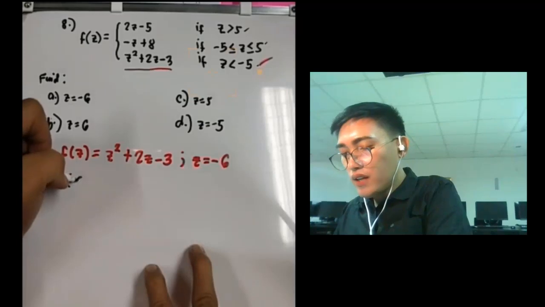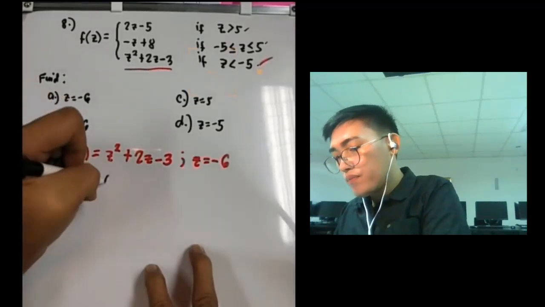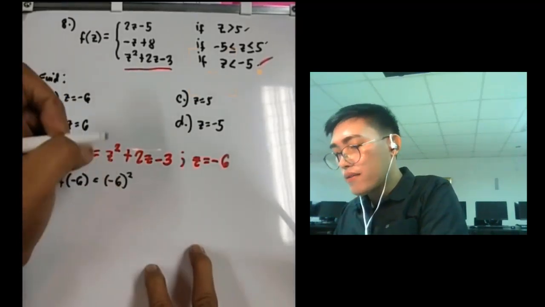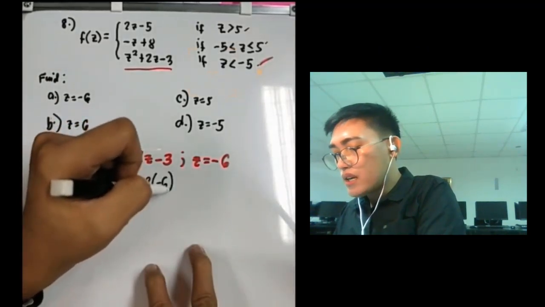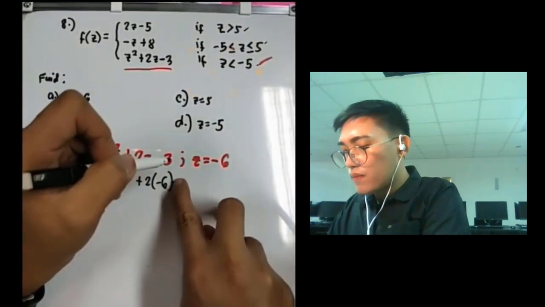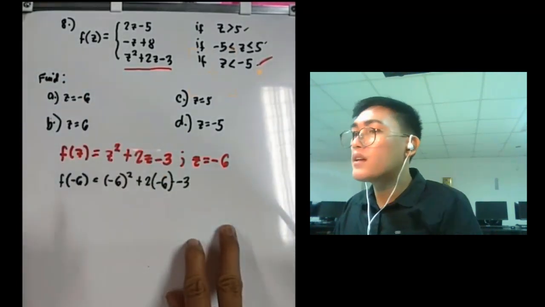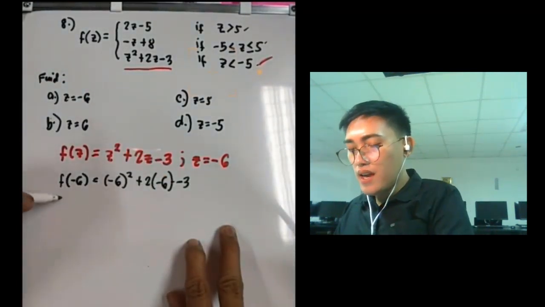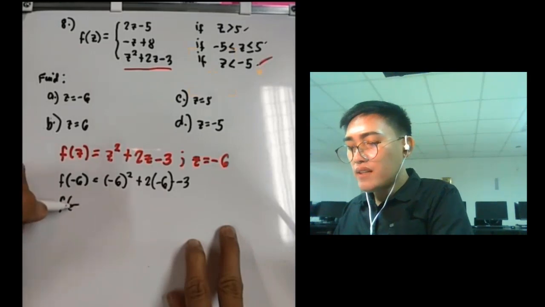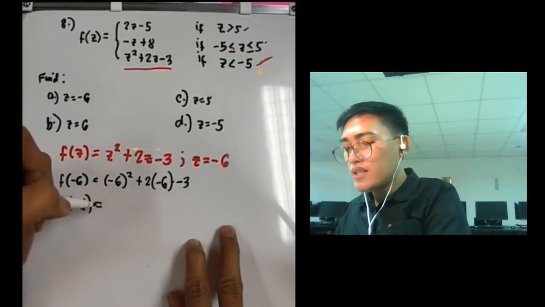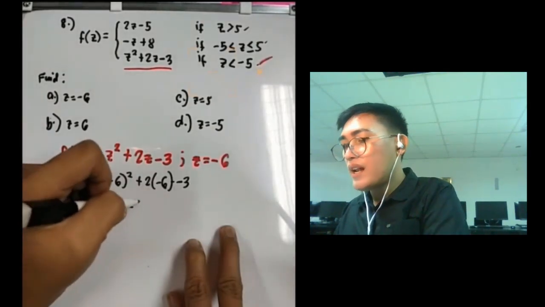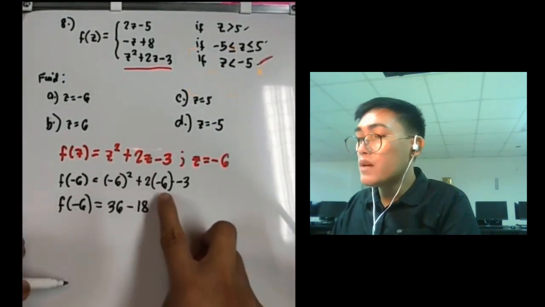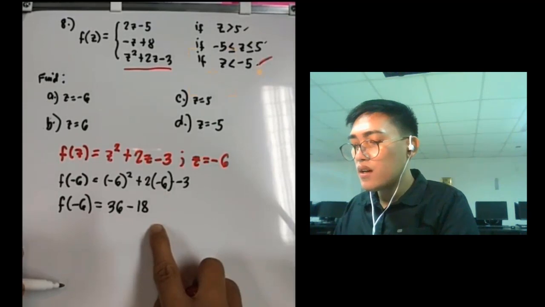Shortcut na tayo. Negative 6 squared plus 2 times negative 6 less 3. Then we have f of negative 6 equals negative 6 squared is positive 36 less 18, because 2 times negative 6 is positive 18.